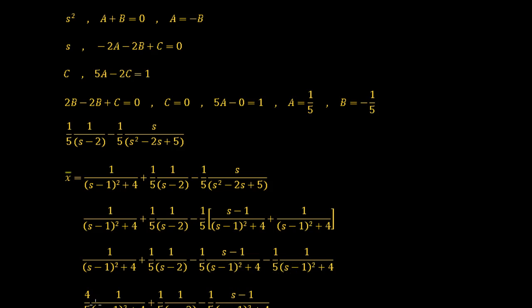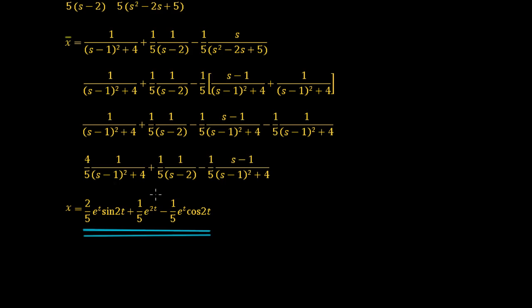We take the inverse Laplace transform of these. It'll give us x equals 2.5 e to the t sin 2t plus 1.5 e to the 2t minus 1.5 e to the t cos 2t.